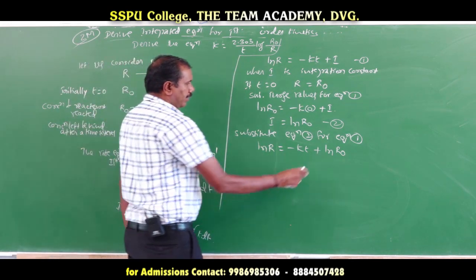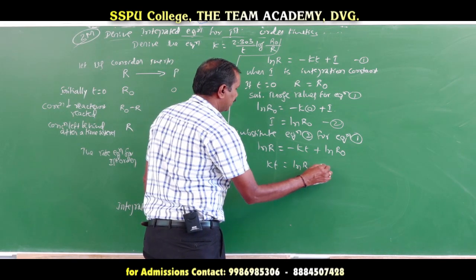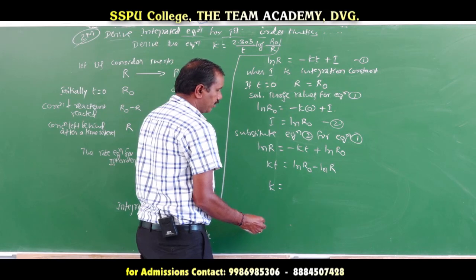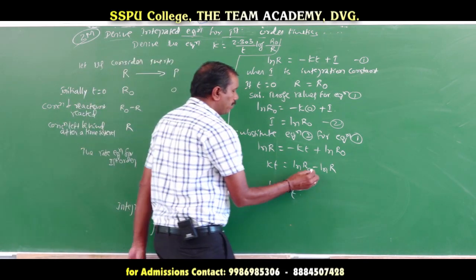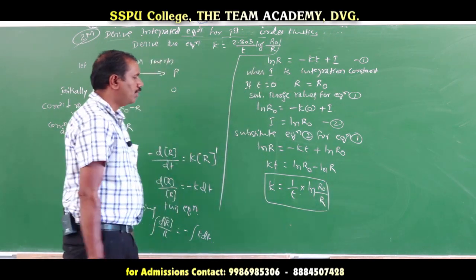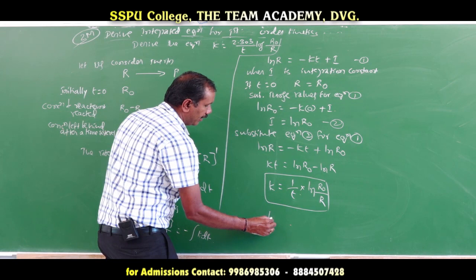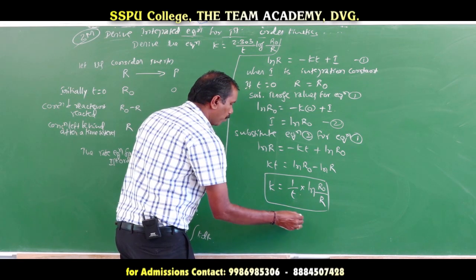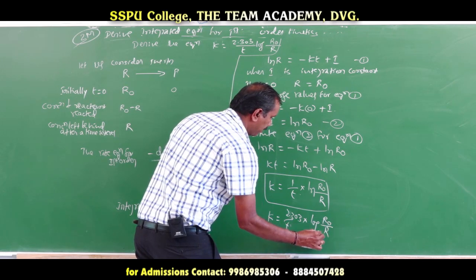If you take kt to the left side, then kt equals ln R naught minus ln R, where k equals 1 by t into ln R naught minus ln R. Log a minus log b we may write as log a by b, that is ln R naught by R. If that ln is converted to log, then it should be multiplied by 2.303, so k equals 2.303 by t into log of R naught by R to the base 10.